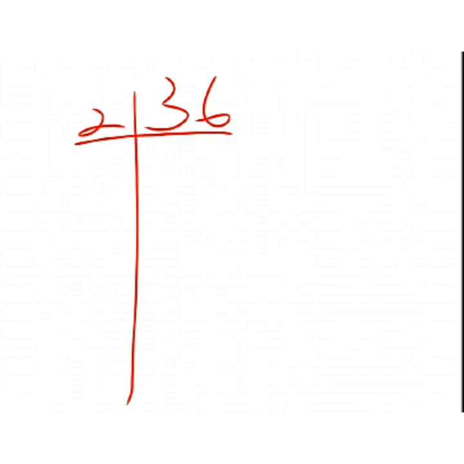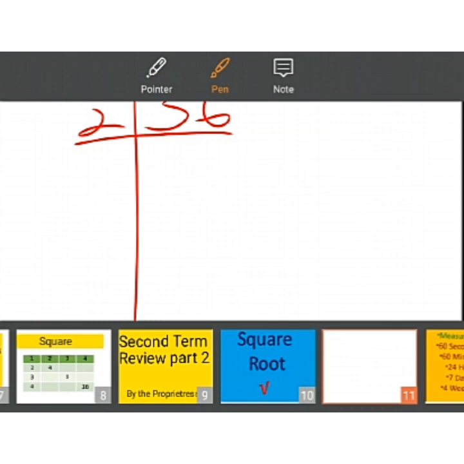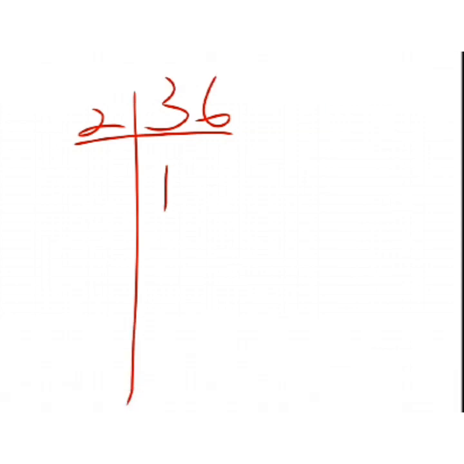Can 2 go into 3? Yes, just once, and there will be a remainder 1. So you write the 1 and remainder 1. The remainder 1 stands in front of 6 and it changes 6 to 16. So 2 goes into 16 is what? 8. So it therefore means 2 goes into 36 is 18 times.